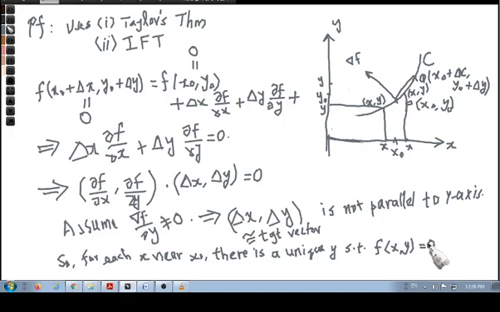This correspondence, getting y from this x, is going to be denoted as a function as follows.